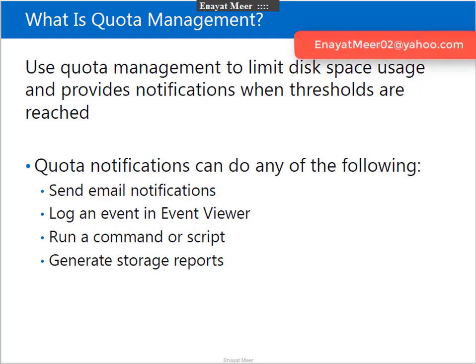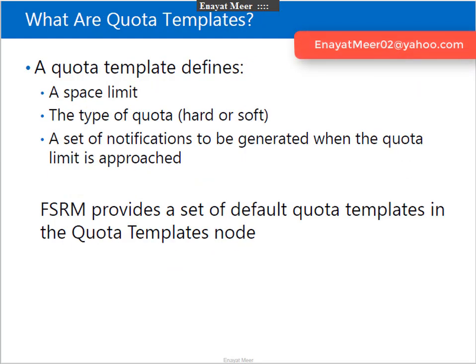You can use a couple of commands which are given to you in these slides. The template defines a space limit, so you assign a specific limit to a user. The type of quota is hard or soft. Hard will not let a user cross the limit, and soft quota will. There is also a set of notifications to be generated when the quota limit is approached.